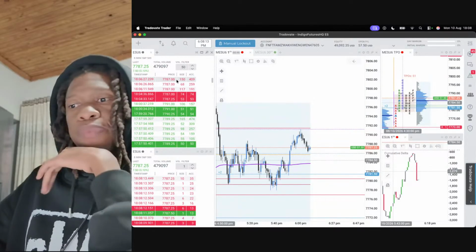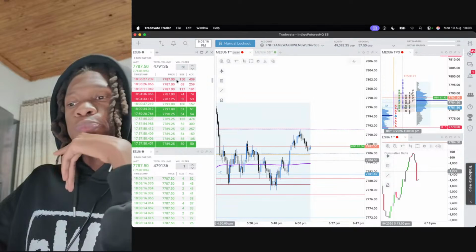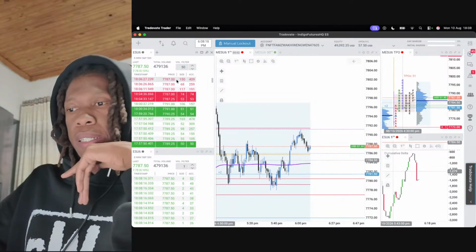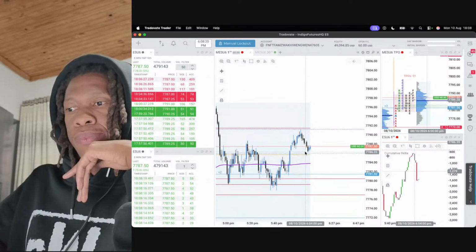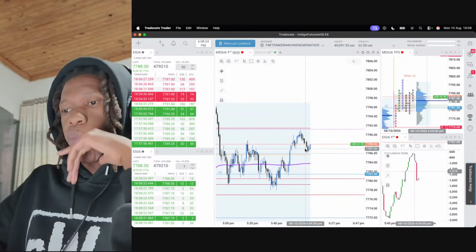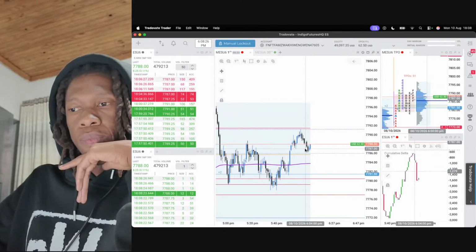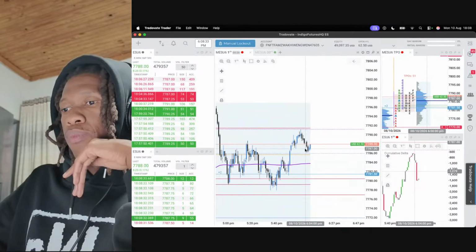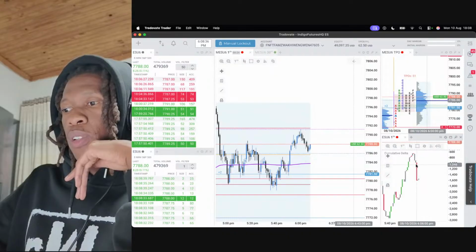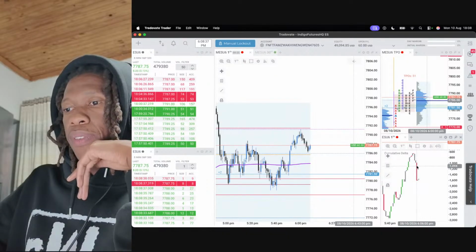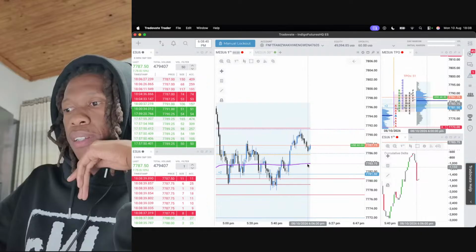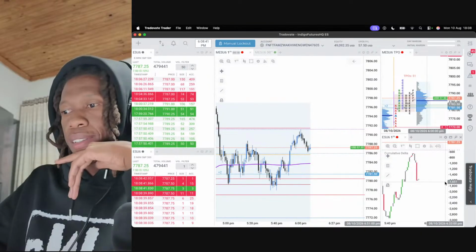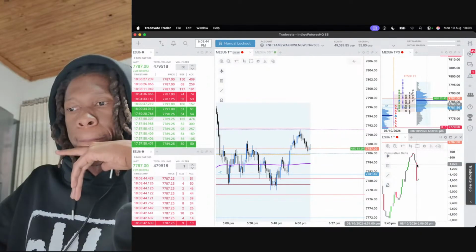So clearly, we're having some seller absorption there. Yeah? Let's also just look at that sell delta on the CVD.